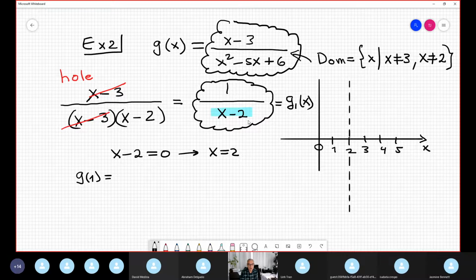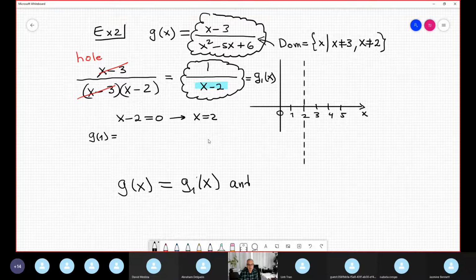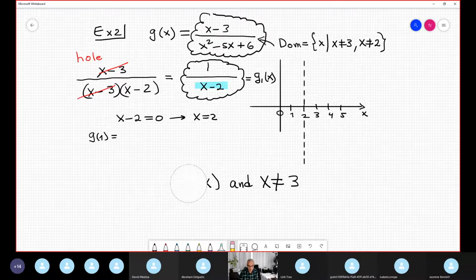What is the difference between G1 and the original G? Well, the original G is equal to G1 always, except at x equal 3, because at x equal 3 we have a hole. You cannot plug in 3 here because it is undefined. You can plug in 3, yes, but what is the meaning of this? What is the y value of the hole? Let me explain in detail. Don't worry, this looks complicated, but actually it's not.